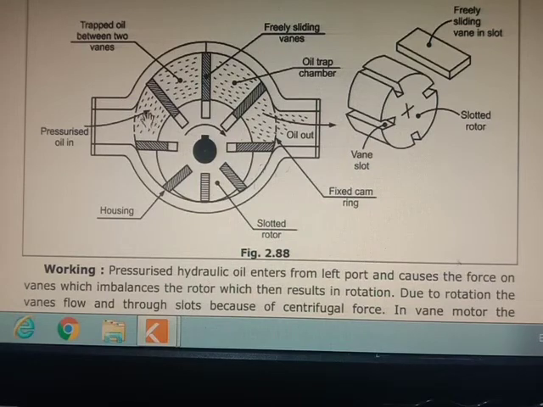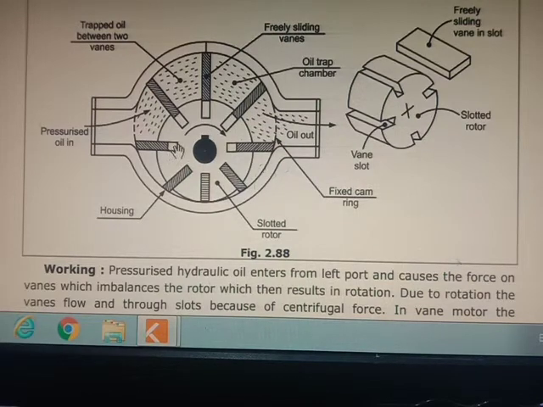That oil will get trapped between these two vanes and the casing. As the oil gets trapped, the pressure will go on increasing, because the continuous flow of oil will come from here. As the pressure increases here, it will push this part, and as it pushes in this direction, you will get the rotary motion of the rotor.